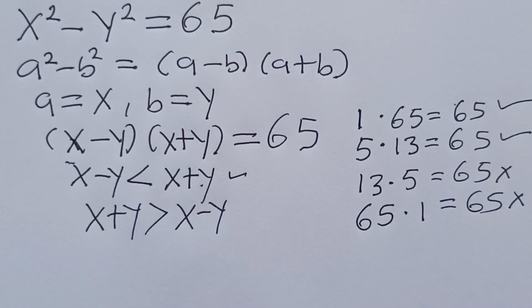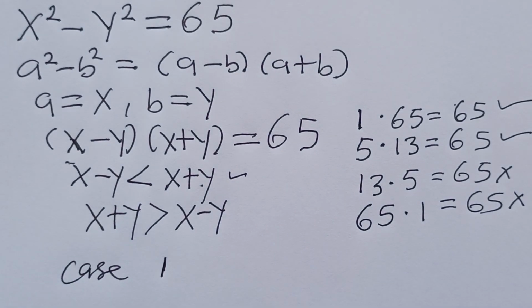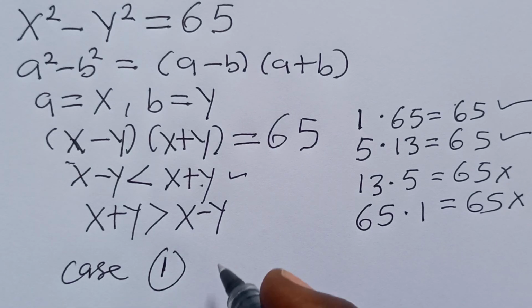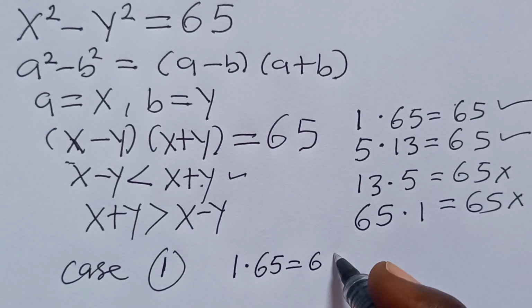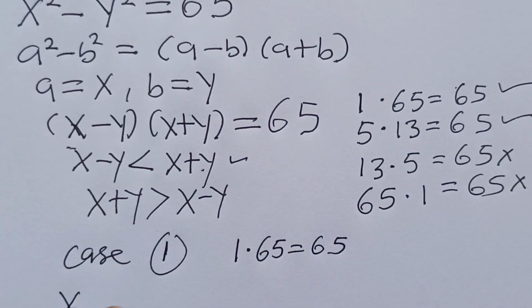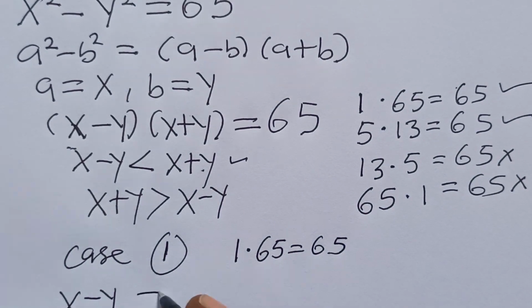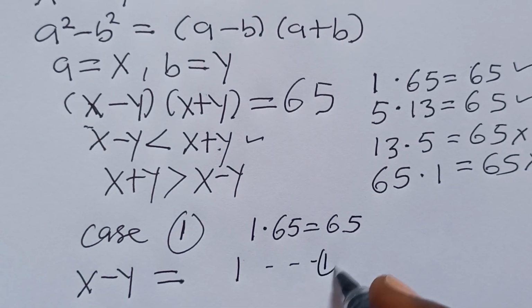So for case 1, which is 1 times 65, which will give us 65. So now our x minus y is equal to 1, equation 1.